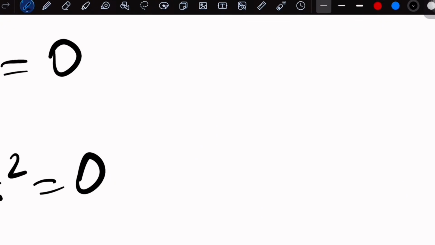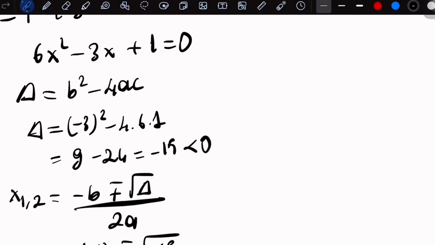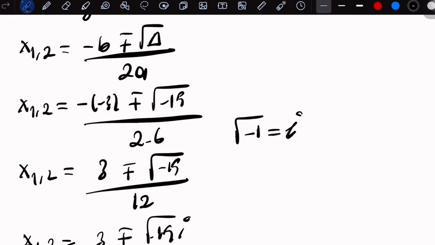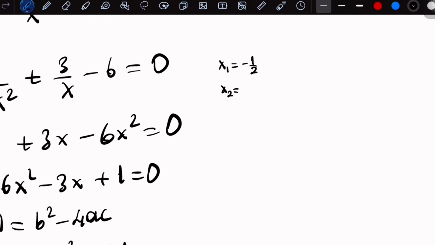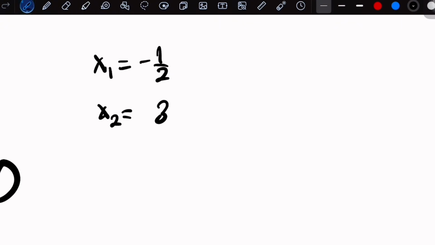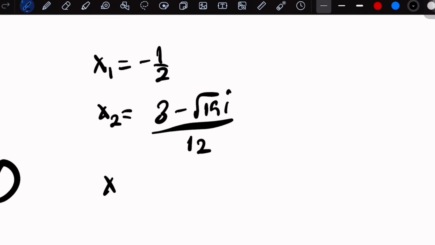The value x2 is 3 minus root 15 divided by 12, and x3 is 3 plus root 15 divided by 12.